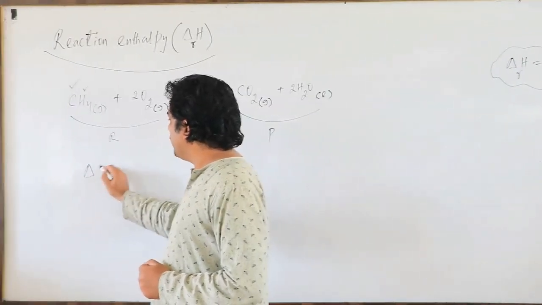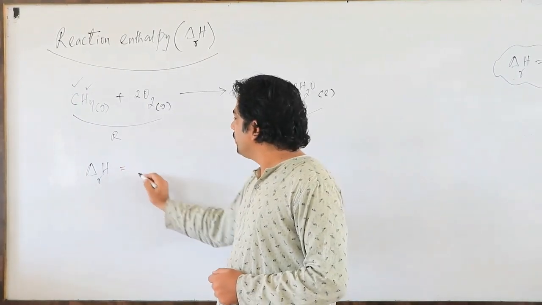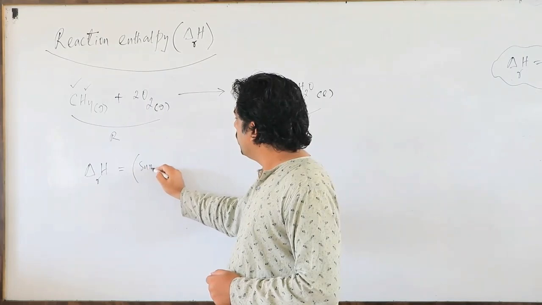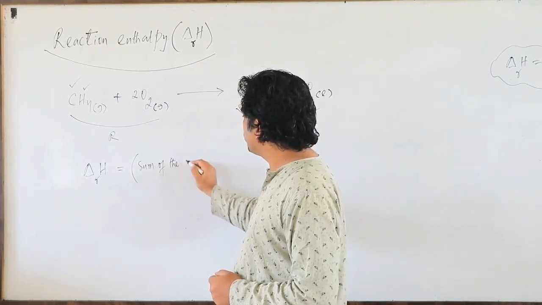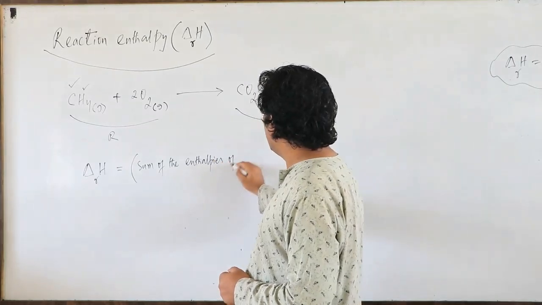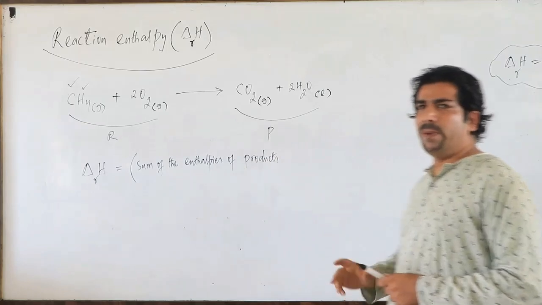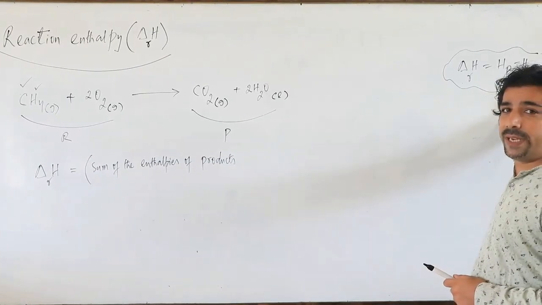So my dear friends, here I will write down reaction enthalpy is equal to the sum of the enthalpies of products. For a simple reaction, I told you that it is enthalpy of product minus enthalpy of reactant.